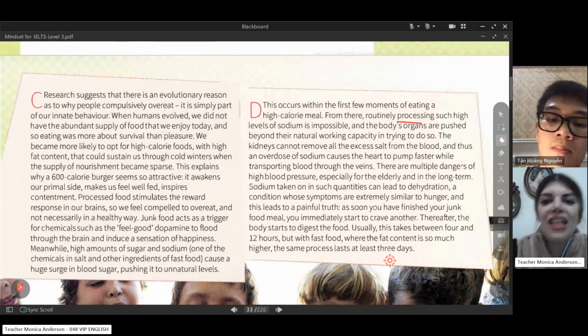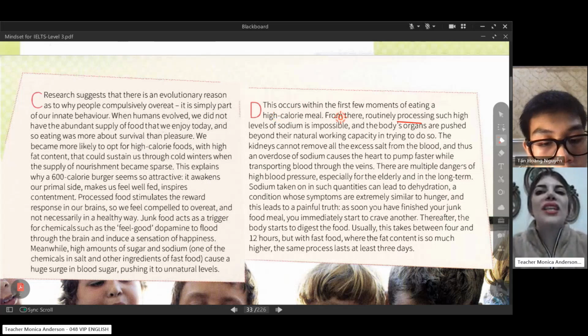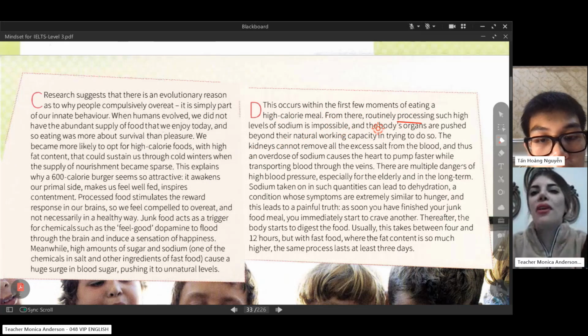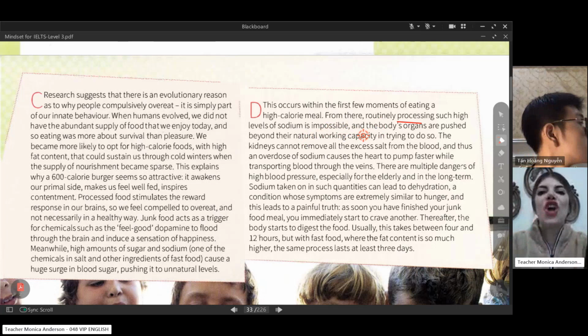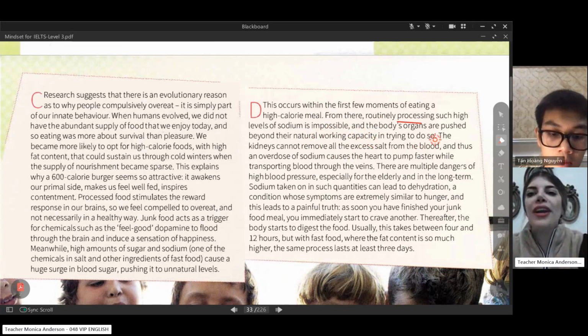So now let's have a look. This occurs within the first few moments of eating a high-calorie meal. From there, routinely processing such high levels of sodium is impossible, and the body's organs are pushed.